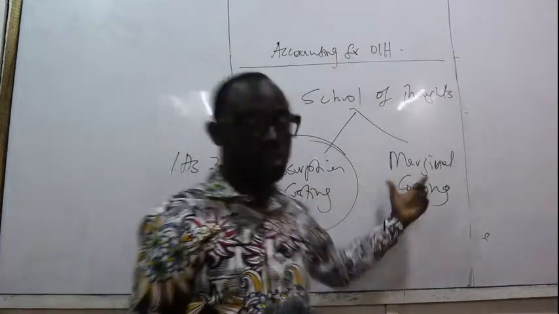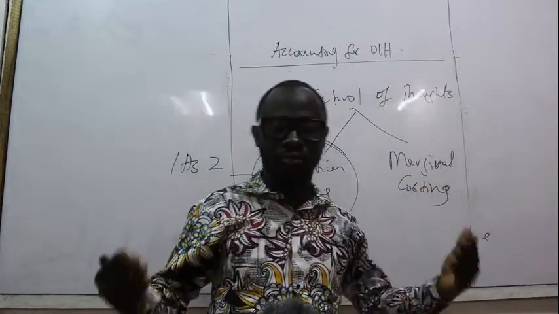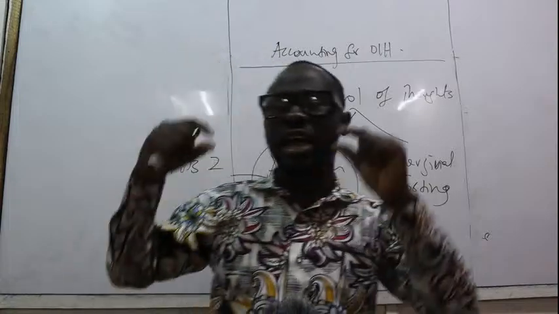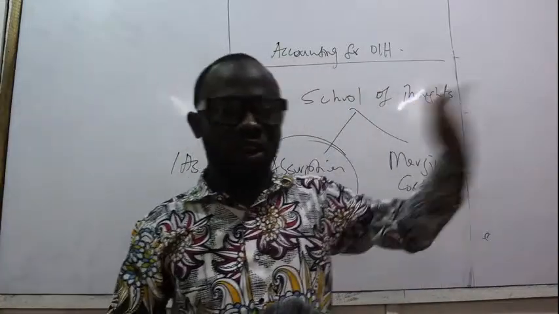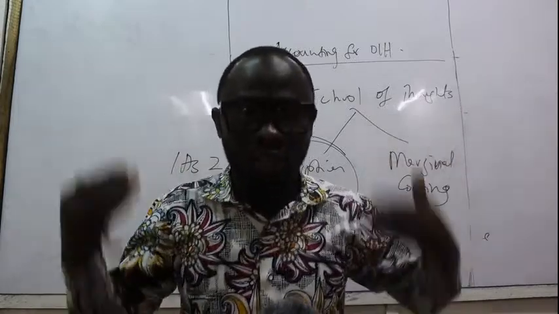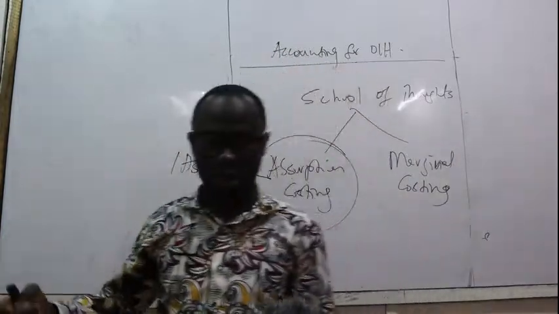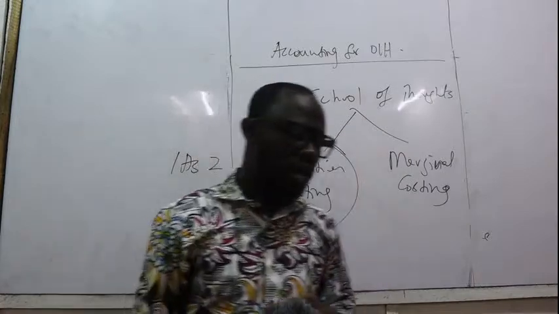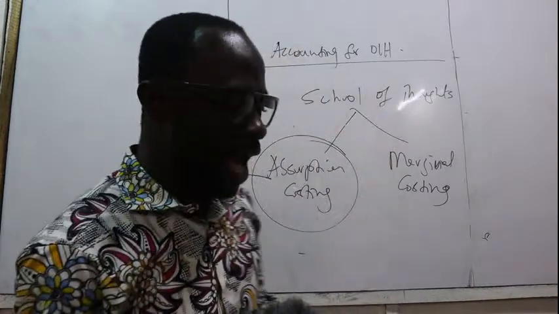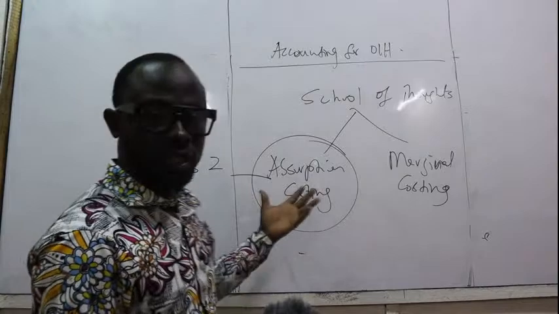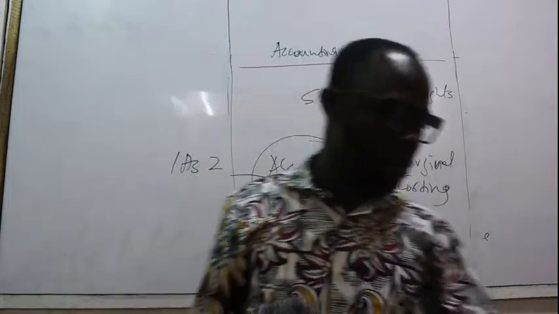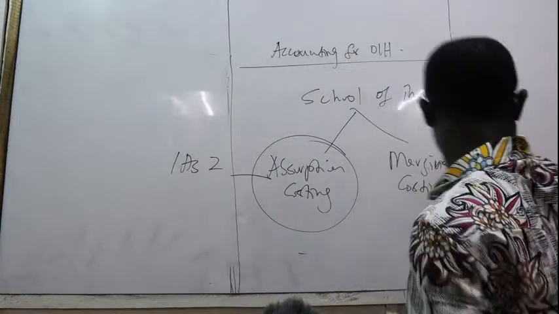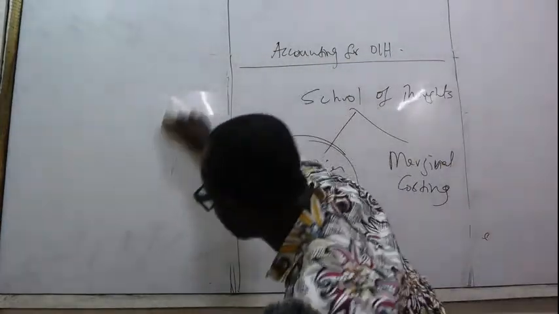Nonetheless, there is also marginal costing, where you are just going to be looking at the variable factory cost and not considering the fixed factory cost in the determination of the cost of production of a product. I hope it makes sense. Now, we're going to be looking at absorption costing for the start, and then build our knowledge on that very well. So let's look at absorption costing.